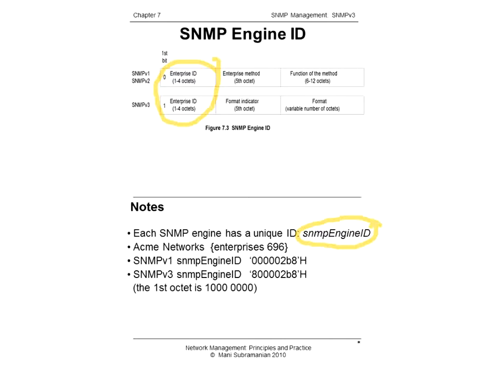The 5th octet for SNMP V1 and SNMP V2 indicates the method that the enterprise used for deriving SNMP Engine ID, and 6 to 12 octets are functions of the method.